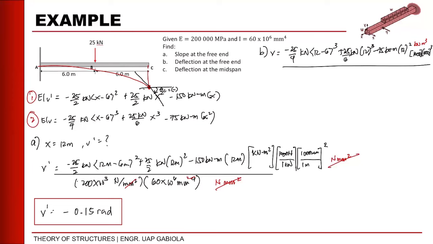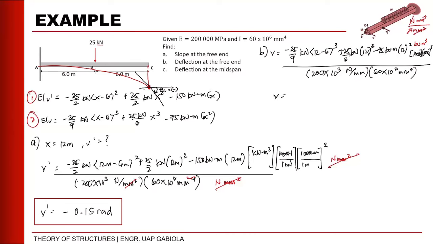Okay? Over 200 times 10 to the 3 newton per mm. Then, this will be 60 times 10 to the 6 mm to the 4th. Okay? So, matitira is sa numerator, may matitira tayong Newton mm cube. Then sa ilalim is Newton mm squared. So, cancel yung Newton mm squared. So, mm ang matitira.